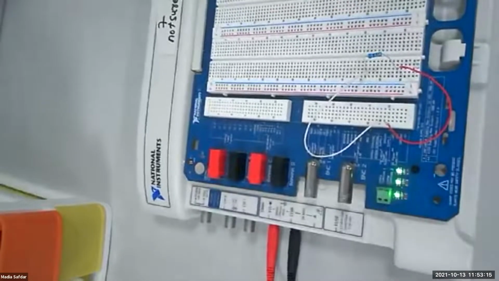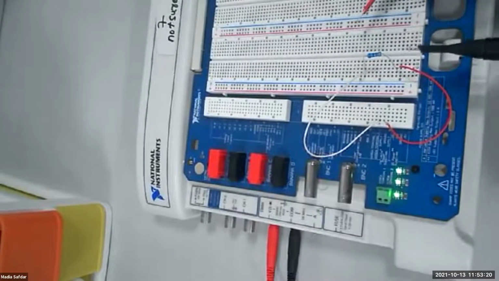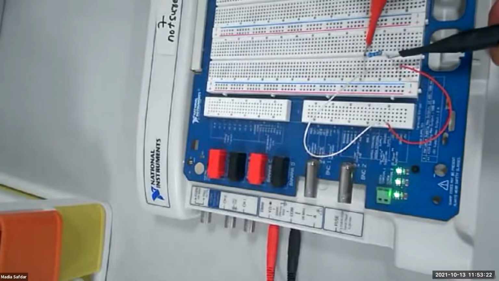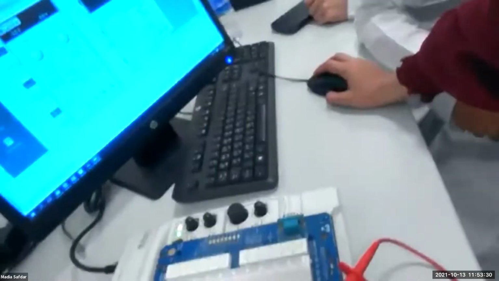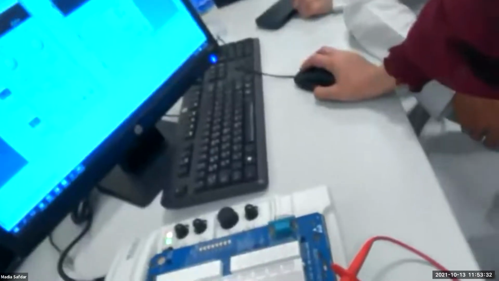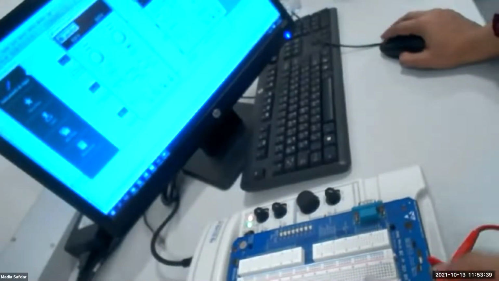Now I want to measure my voltage. How do I measure voltage? By connecting the voltmeter in parallel with the resistor. Now here on the monitor, this is the variable power supply.